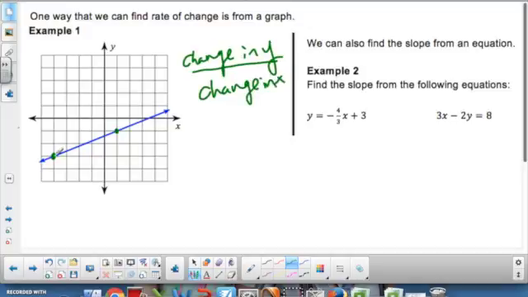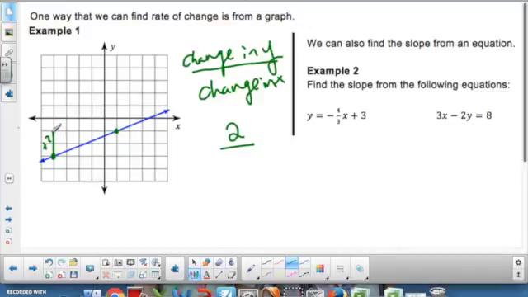So to find my change in y, I'm starting at this point and I'm seeing how many points I have to go up before I'm at the same height as the second point. So from here I go up 1, 2, so it was positive 2 because I went up. So my change in y is 2.